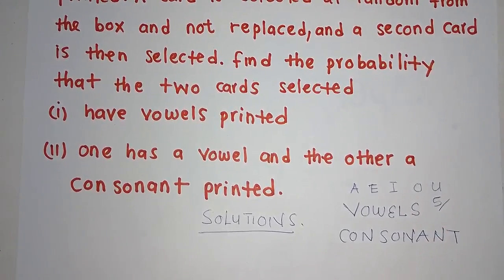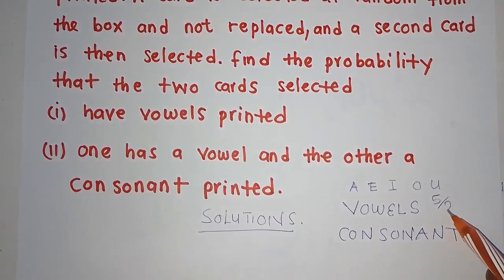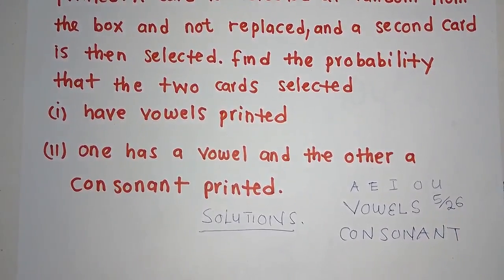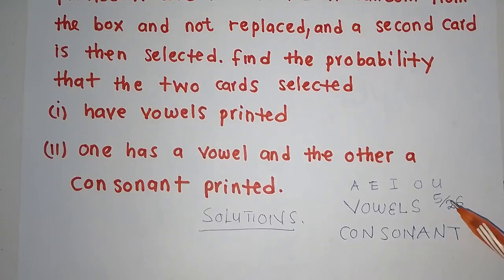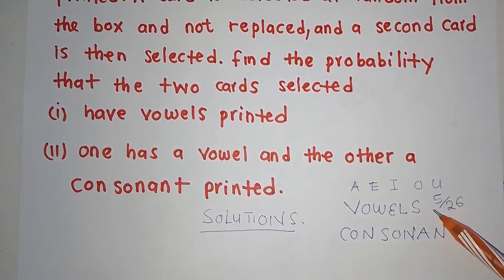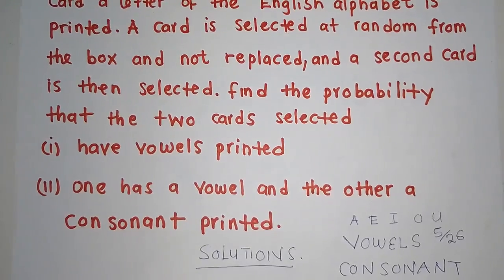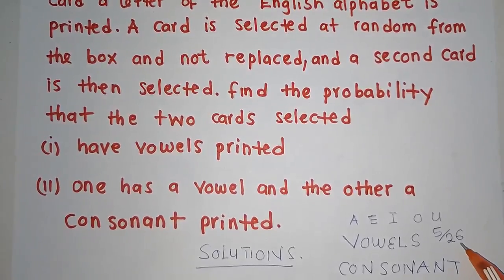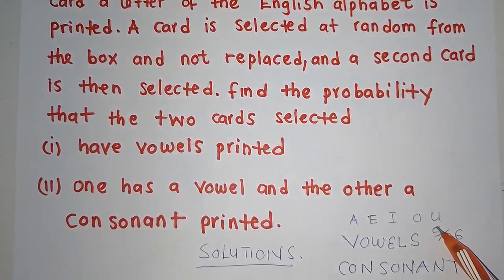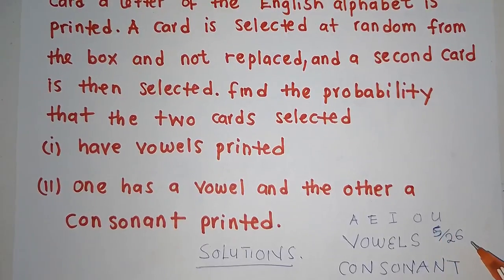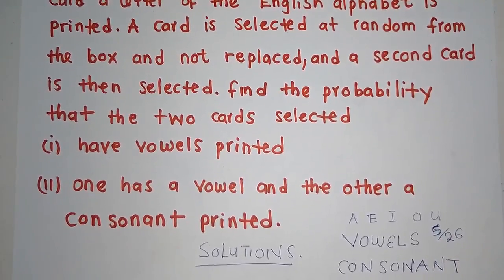In the English alphabet, we've got how many letters? 26. So vowels, we've got 5 over 26.